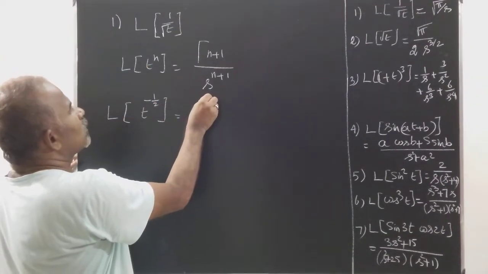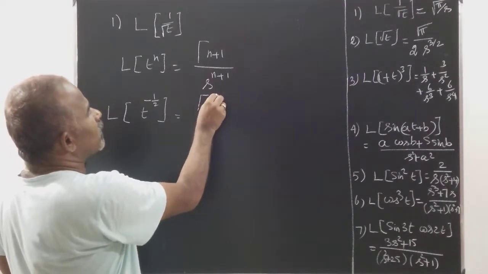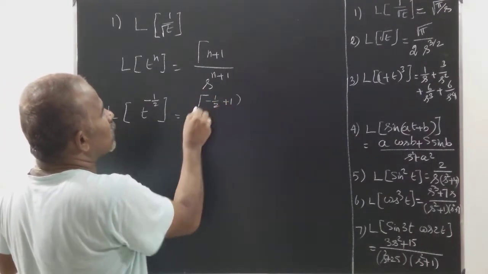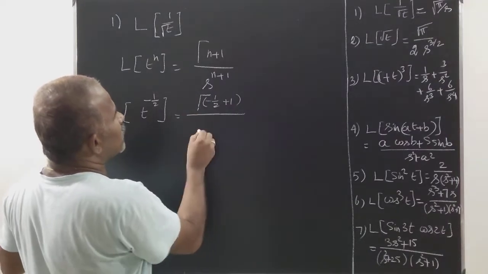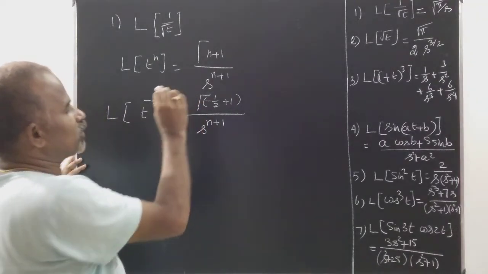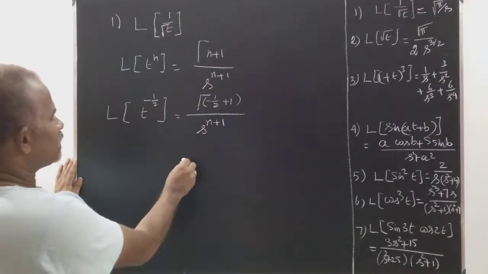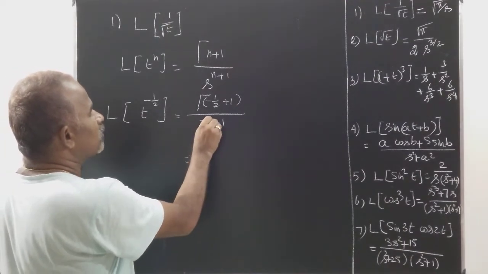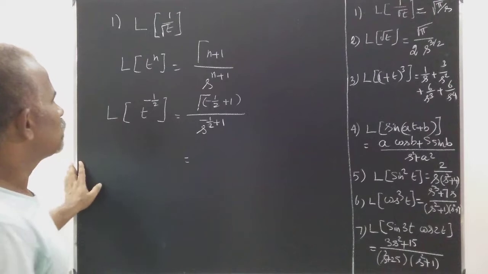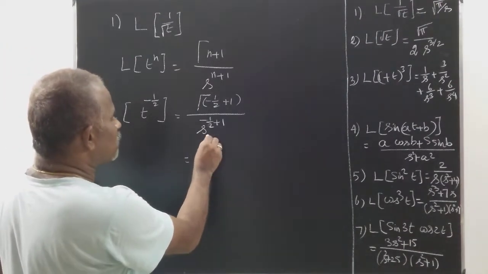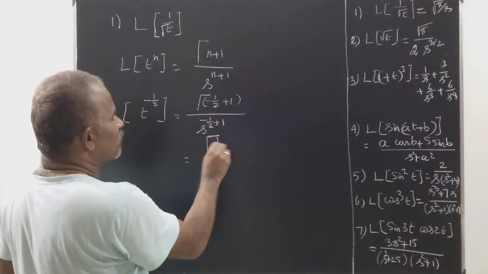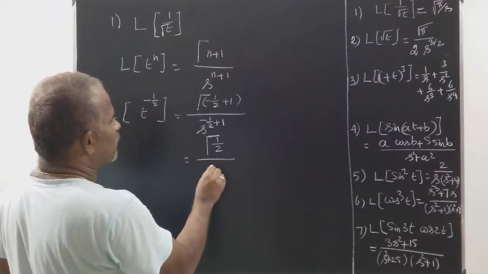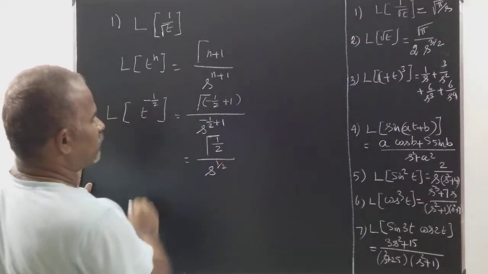So therefore, gamma of minus 1 by 2 plus 1 divided by s power n plus 1, where n is again minus 1 by 2. So this is gamma of 1 minus half, which is half, divided by s power half.